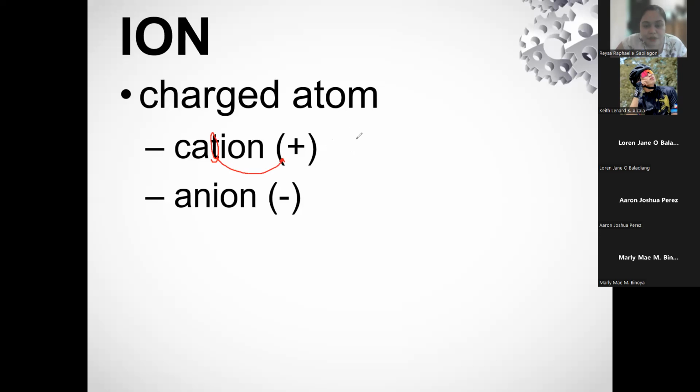Okay? So what are the examples of our cations? Our metals, all our metals are cations, meaning they assume positive charges. Sodium, potassium, magnesium, aluminum, these are all cations. Okay, again, they have positive charges.